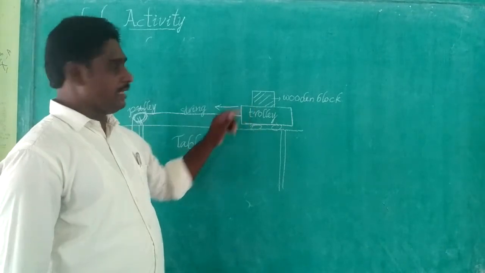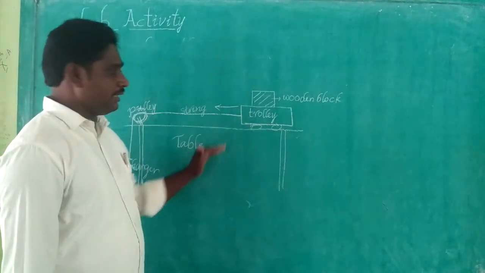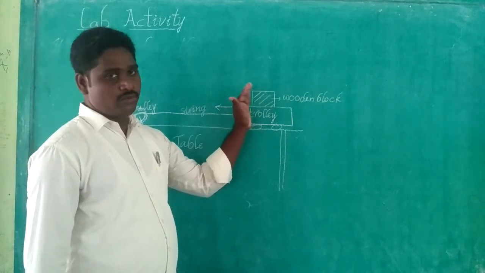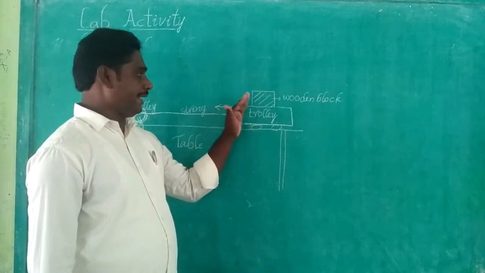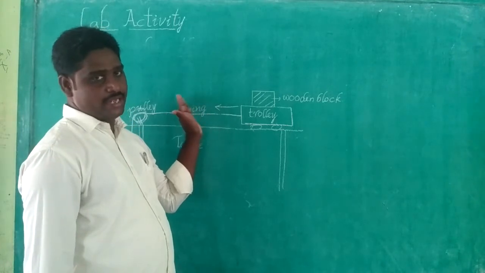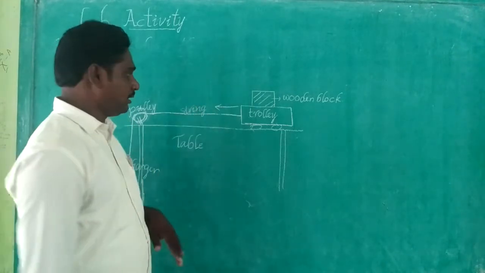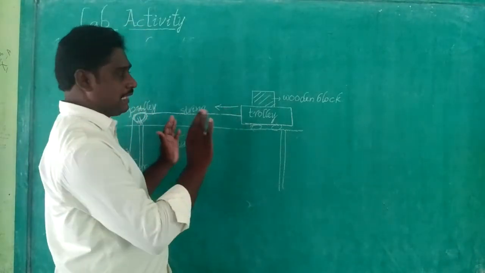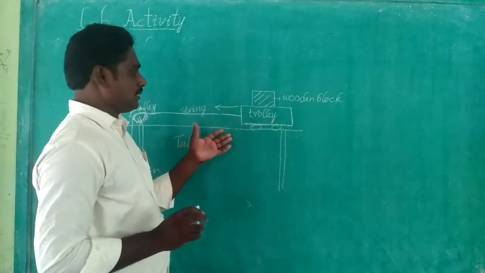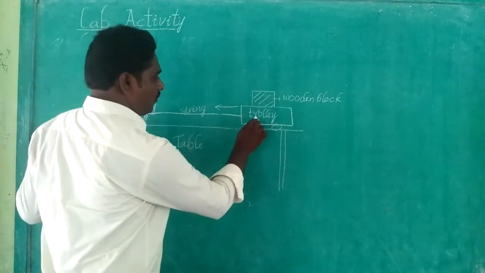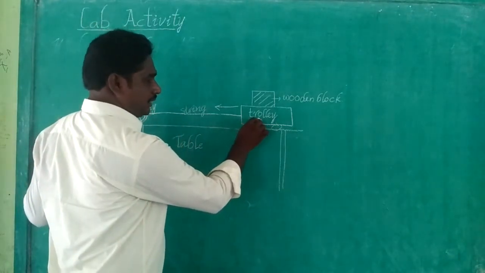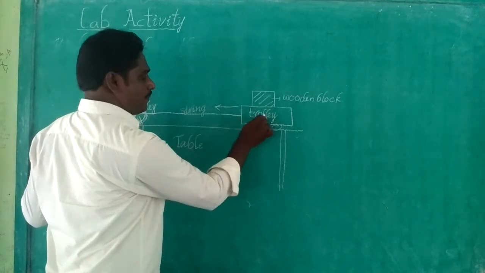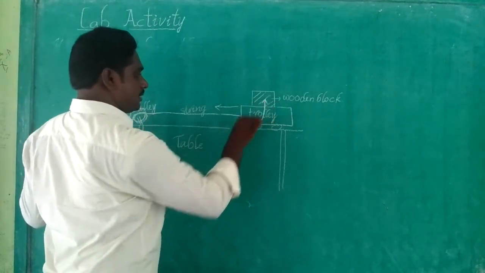Okay, friends, here the trolley exerts a force on the wooden plank in the direction of the motion of the trolley. Here we look at it: there are two kinds of forces that act. First, the force of friction is exerted on the wooden plank by the trolley.